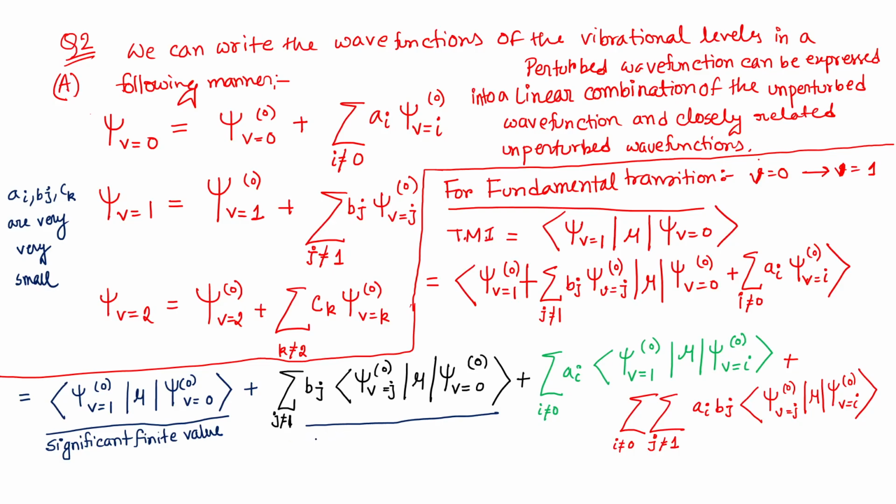So these are small finite values only when j equals 1, else 0, right? Because only delta v equals 1 is possible.